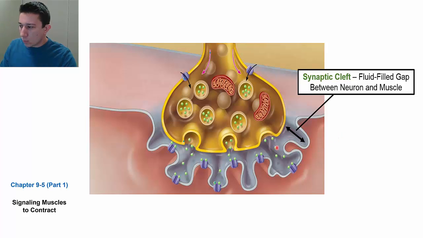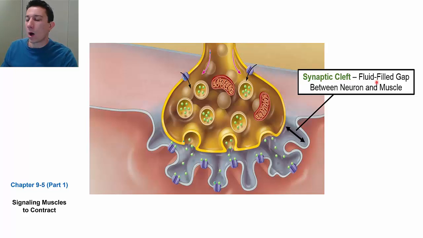Okay, what's not really too apparent or obvious in this particular diagram is that there is actually a small gap between the axon terminal here and the sarcolemma of our skeletal muscle cell. And that gap is specifically called the synaptic cleft. And this synaptic cleft is fluid-filled. That is, it's essentially filled with extracellular fluid.